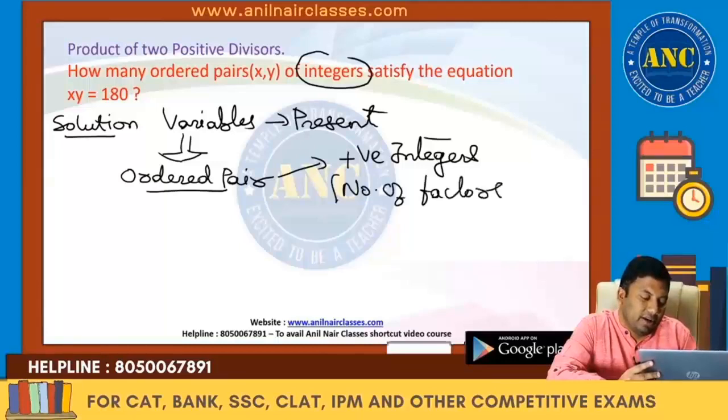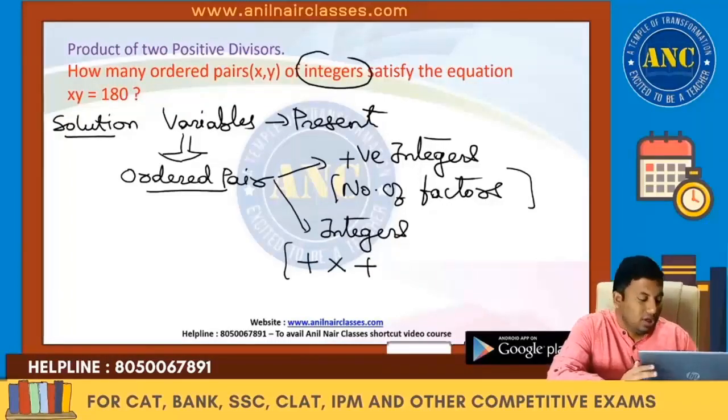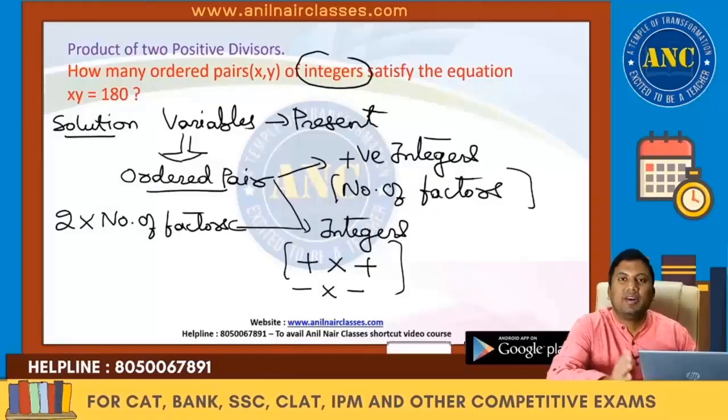We did it in the previous problems, but now the question is integers. Integers means positive into positive is positive, and negative into negative is also positive. That means if it is an integer, I will get 2 times the number of factors. I hope it is clear. Why? Positive into positive is one case, negative into negative is another case.